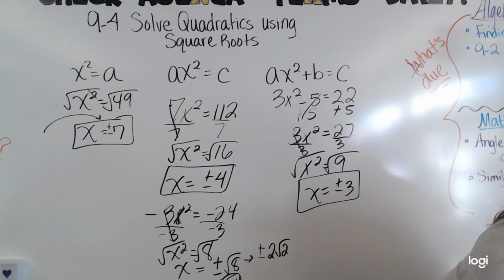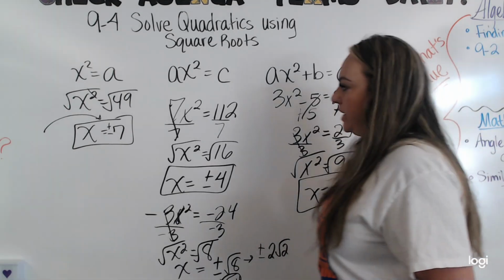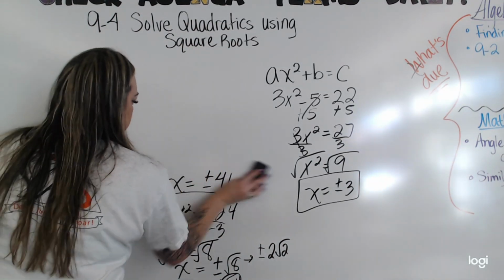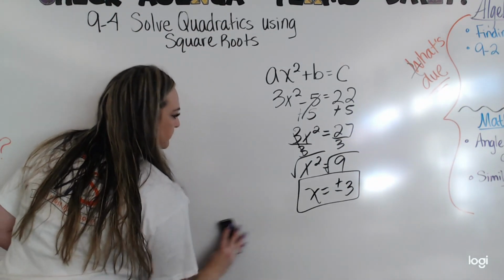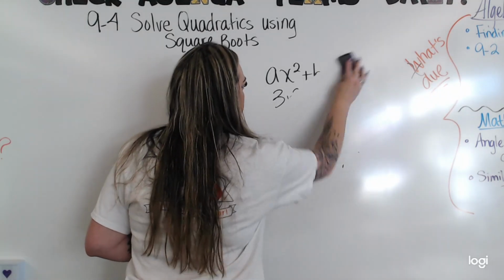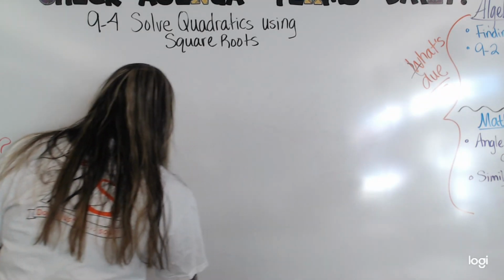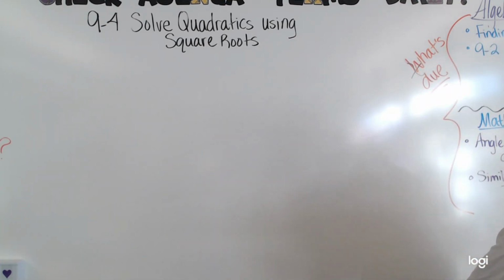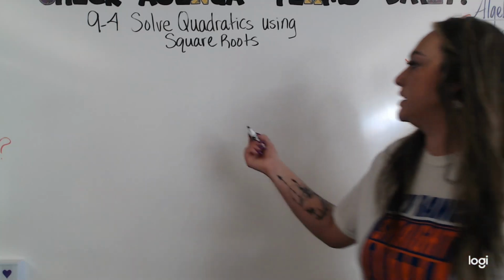Let's see something where we may not have two solutions. That would be when x squared equals 0.